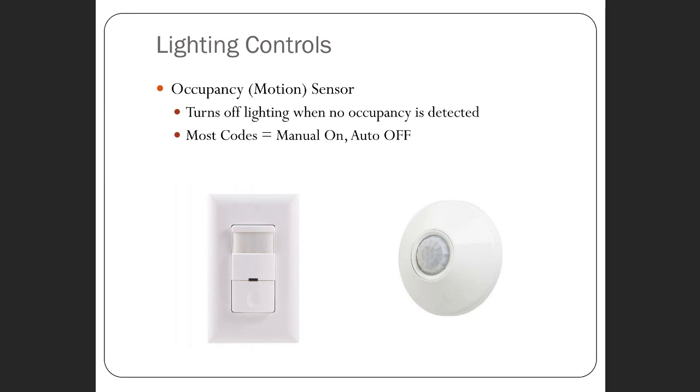Nowadays, the building codes are steering us in the direction of manual on and auto off. So they actually want us to come in and push the button here to turn the lights on, and then the lights will time off or turn off when no occupancy is detected. So again, building codes are moving us in the direction of having lighting controls such as this, right? We want to have the lights on when there are folks in the space, and lights go off when nobody's home.